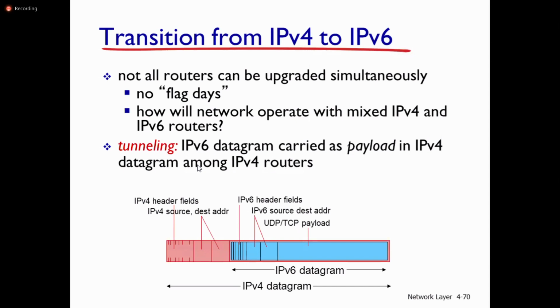We are going to keep this IPv6 datagram as the payload part in the IPv4 datagrams, which are processed by IPv4 routers. You can look at here. This IPv6 datagram is placed in the IPv4 payload.